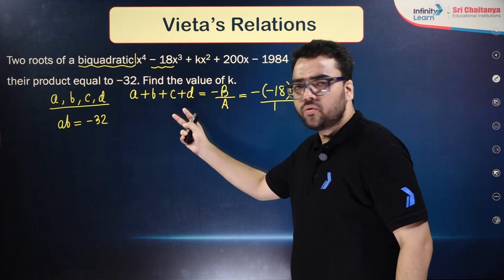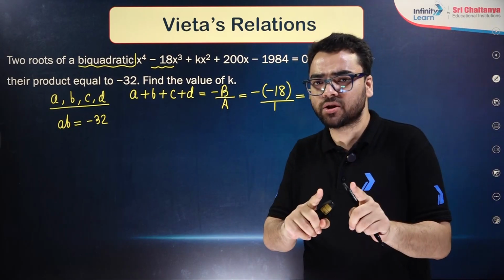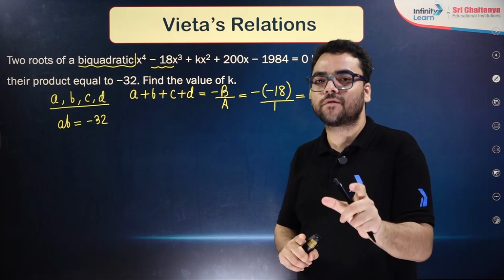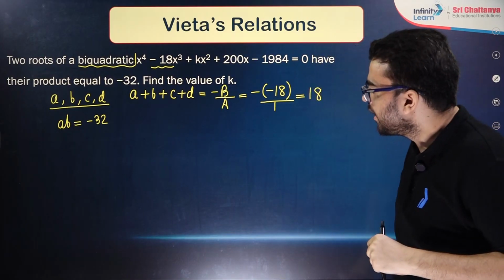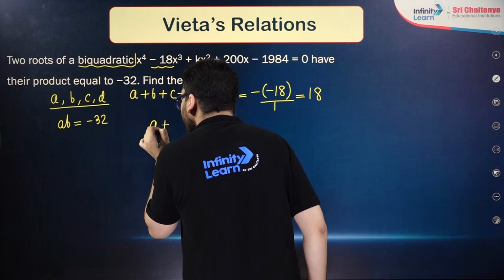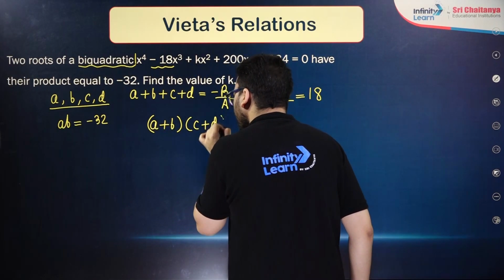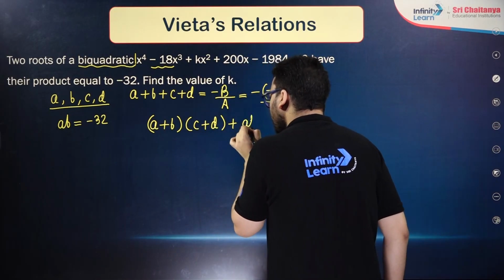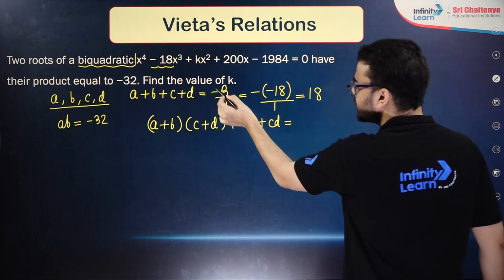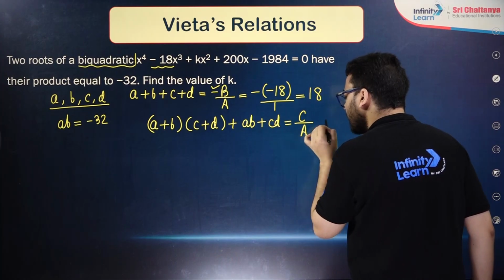Now if you take two roots at one time, do you remember the relation which I was explaining? That is important in case of a 4-degree polynomial or a 4-degree equation. So when you take two roots at one time, the relation will be like this: (a plus b) into (c plus d) plus ab plus cd, if you remember that, right? Now what is the pattern? It is minus B by A, so sign change will be there, plus C by A, right?